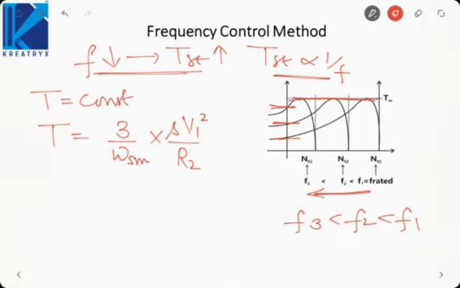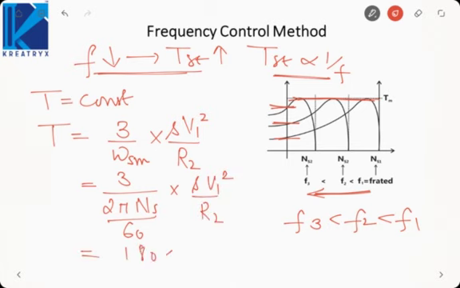This is the equation for torque in the operating region. Omega Sm will be 2 pi Ns by 60, so torque is 3 into 60 by 2 pi Ns, that is 180 by 2 pi Ns, into S V1 square by R2.